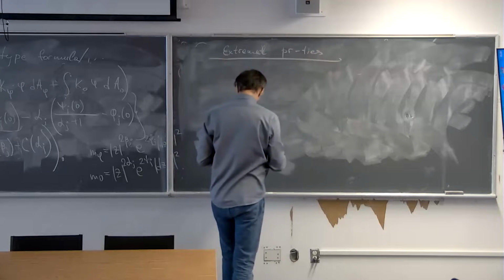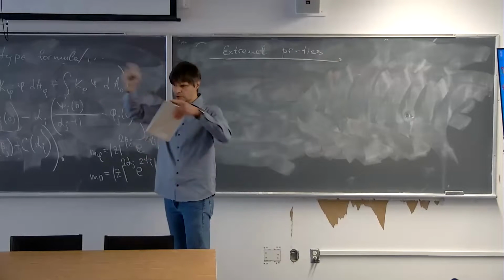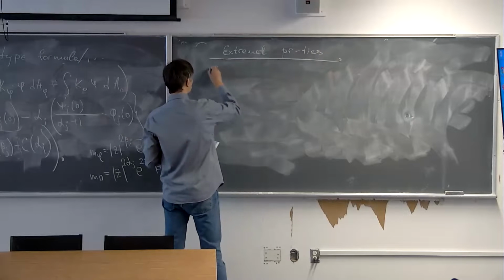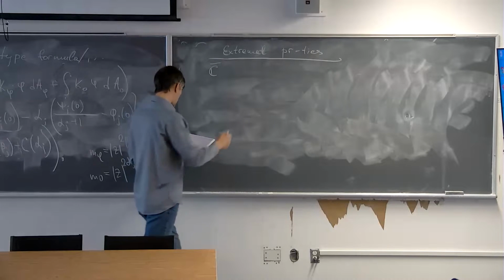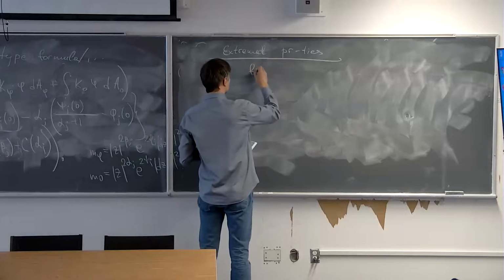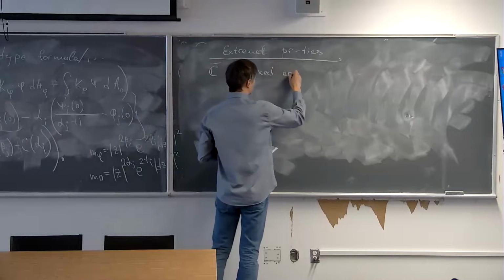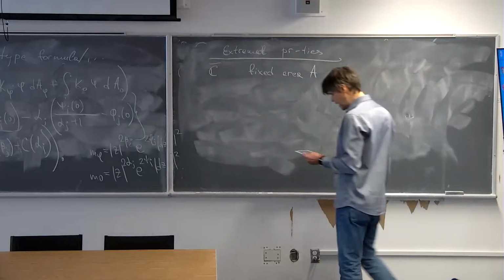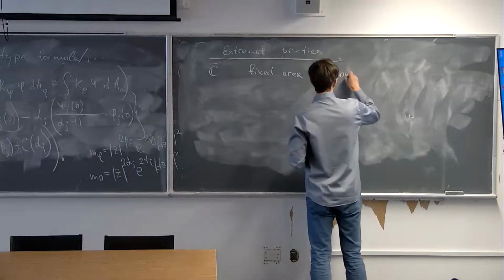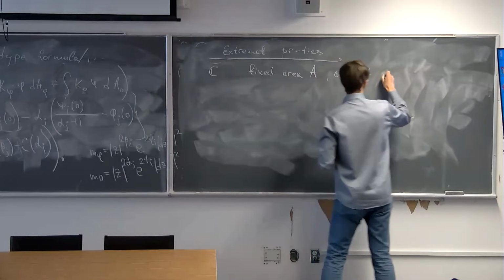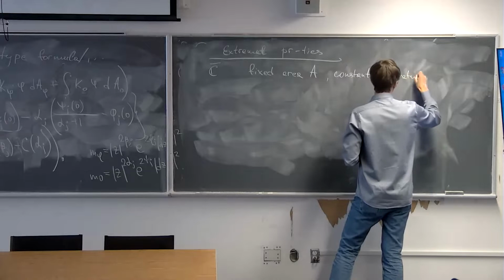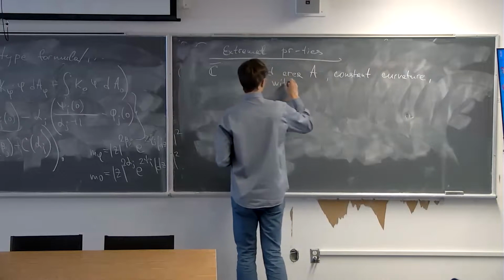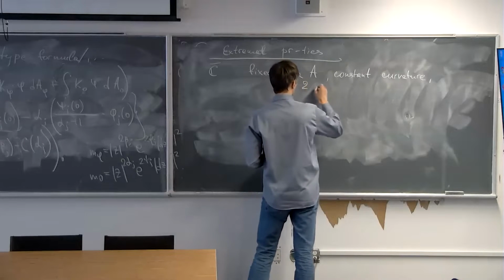So let's just consider the simplest case, the case of the Riemann sphere. Riemann sphere C of fixed area. Let's denote that area by capital A, constant curvature, and with pure conical singularities only.